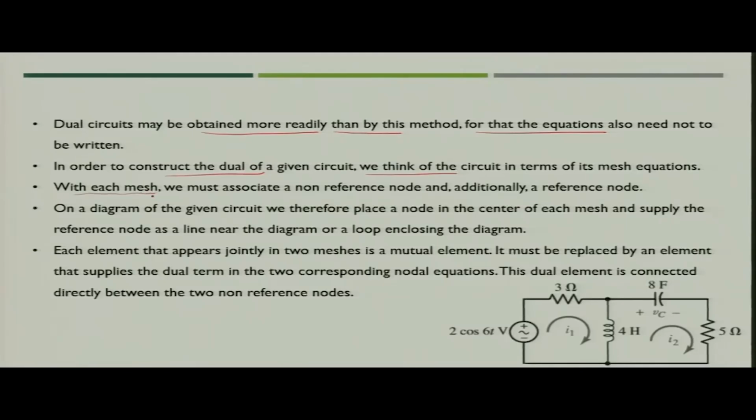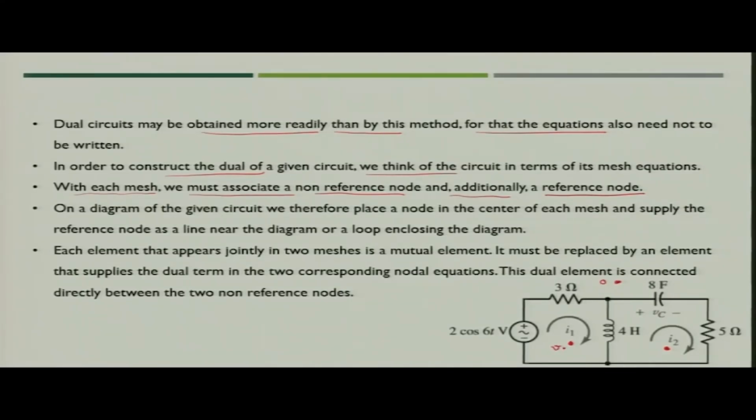With each mesh we must associate one non reference node, and additionally a reference node. So, what will happen in this case? There are two meshes in the circuit. So, for each mesh let us assume there is one node in both of the meshes, and there is one reference node also.